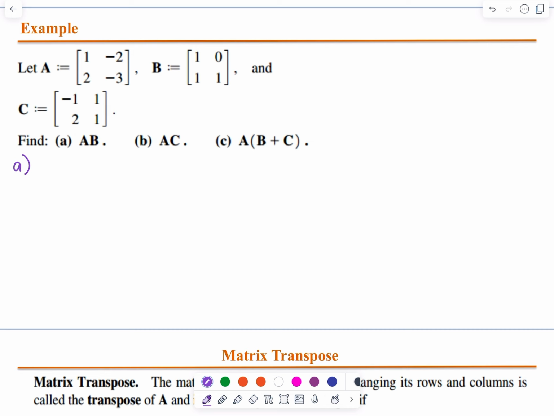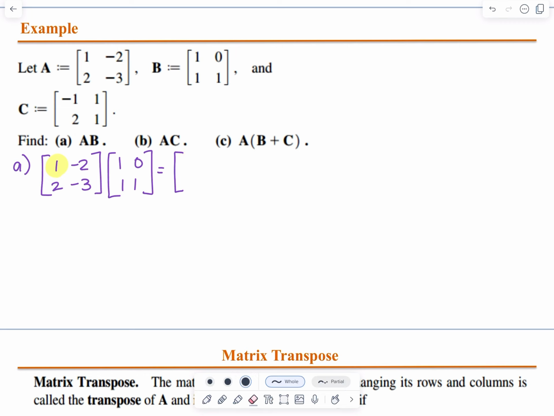So we're going to go ahead and multiply A by B. And as you can see, for this entry right here, we will write 1 times 1 plus -2 times 1. And so there we will have, and we'll just go ahead and write that as 1 minus 2.